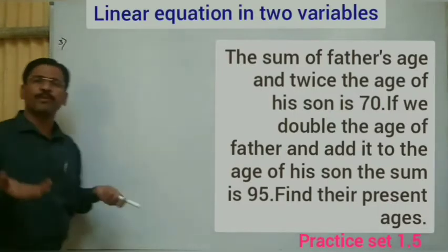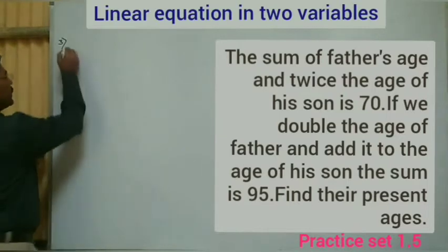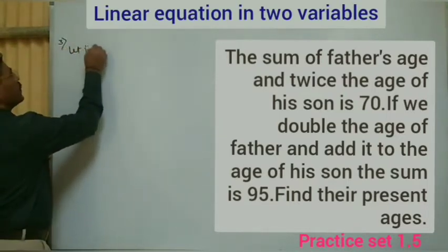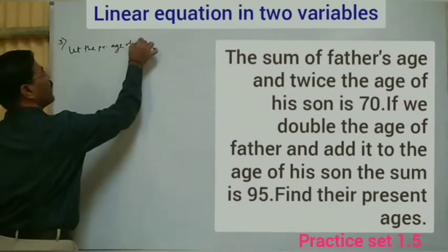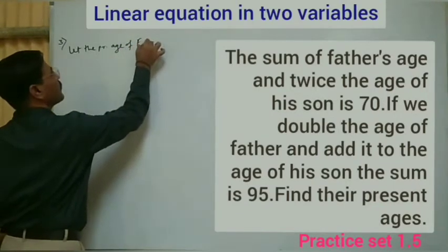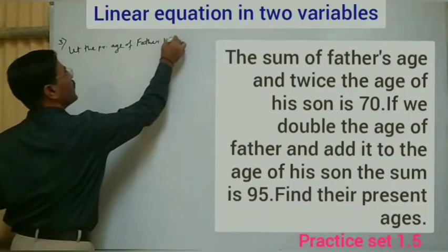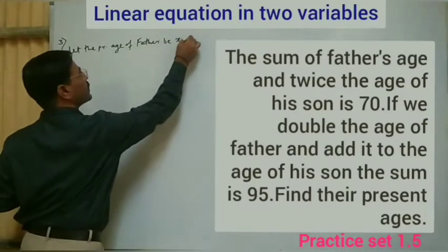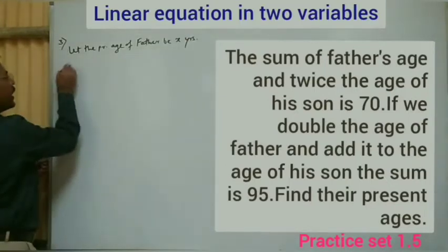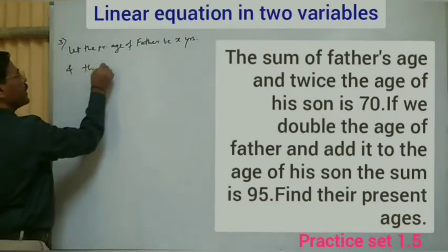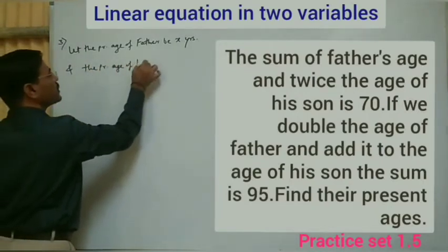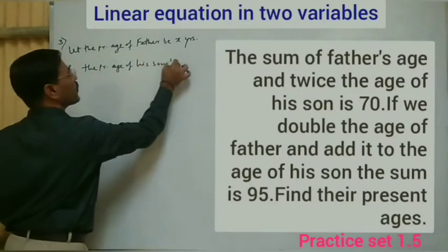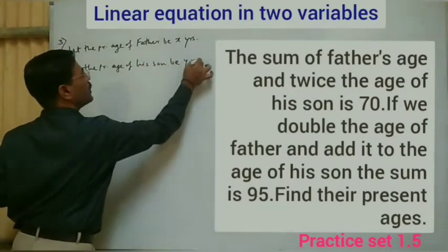Okay? So I suppose x and y. See, let the present age of father be x years. Okay? And the present age of his son be y years.